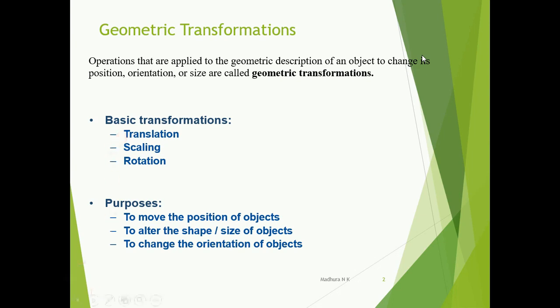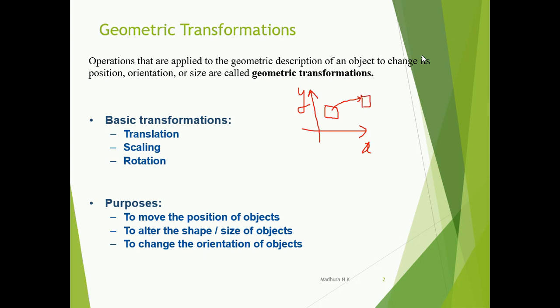For example, consider an object. Suppose you have an object like this that you are going to represent on the screen, and you are representing the particular object with respect to xy coordinates. Suppose you move this object to some other position in the same plane.